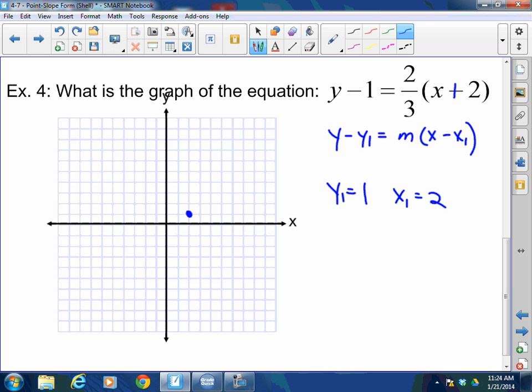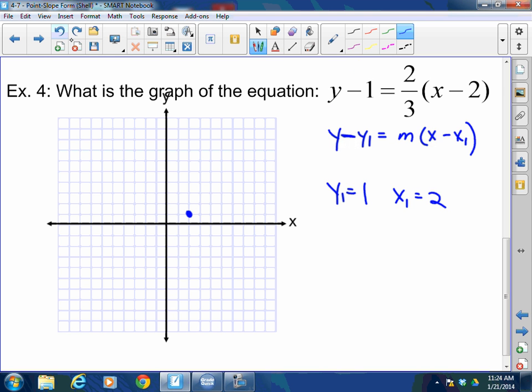You already have a minus, so the y1 is 1. If y1 was negative 1, a negative times a negative would be a positive. If it had been a positive 2 here, then a negative times a negative would have been a positive. Be careful with those integers, guys. That's what kills you guys.